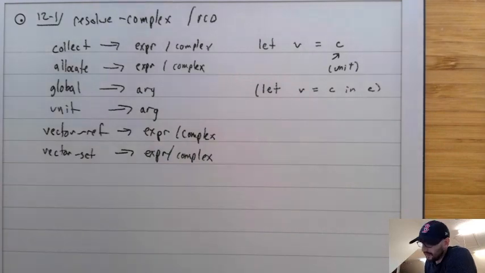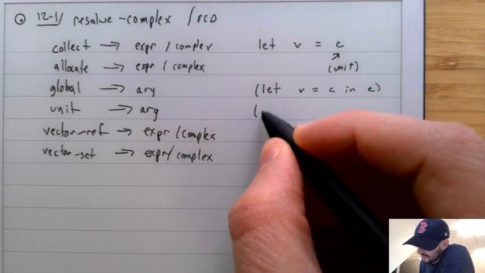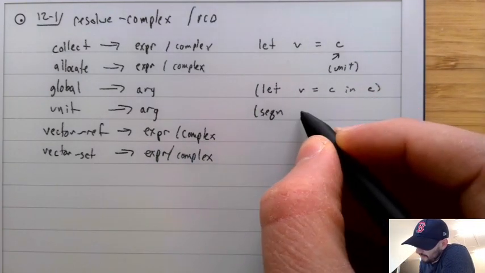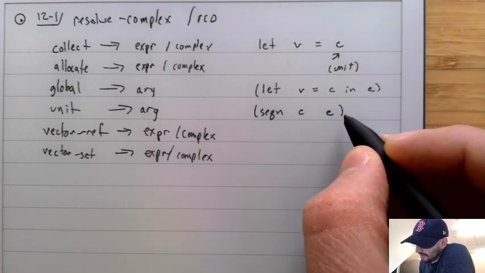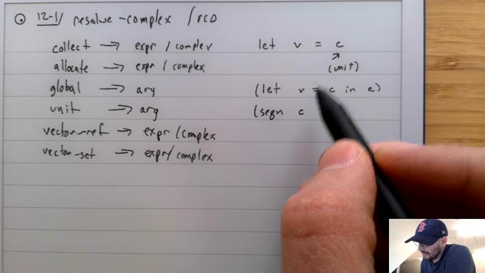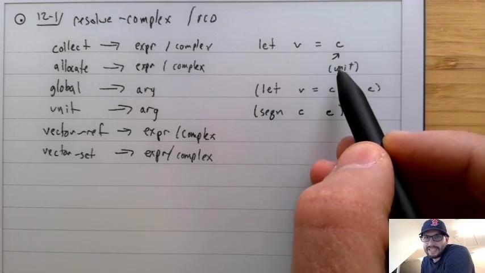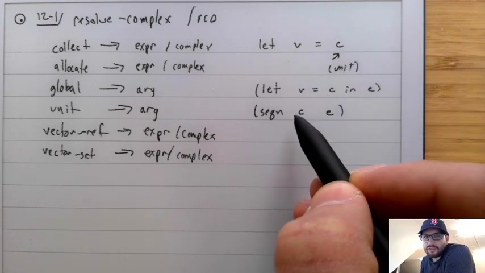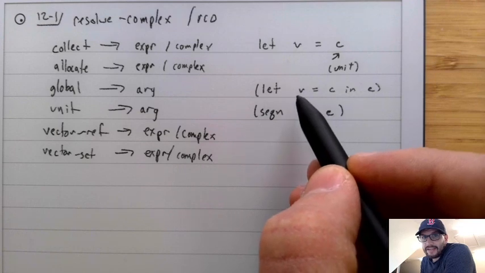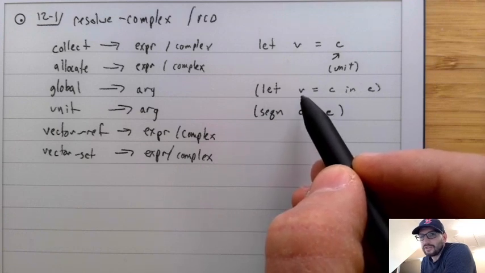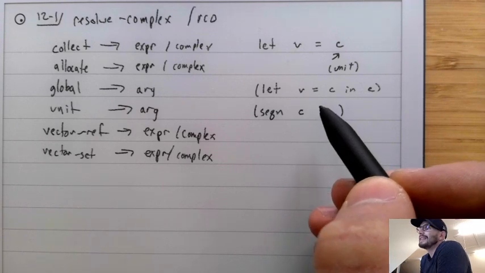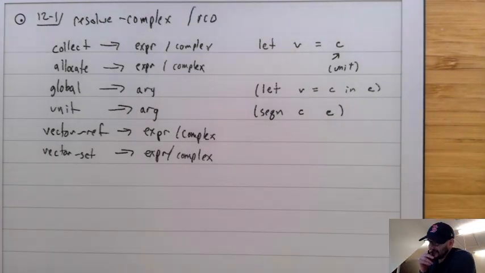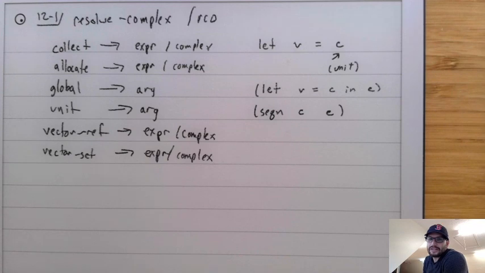If we wanted, we could explicitly make a sequence form where we have the complex and then the expression. We could notice that whenever the type of a C is unit, we could transform it into this and then substitute the actual unit value for this V in the rest of the code. That's going to make it so that units never actually appear in the code at all.